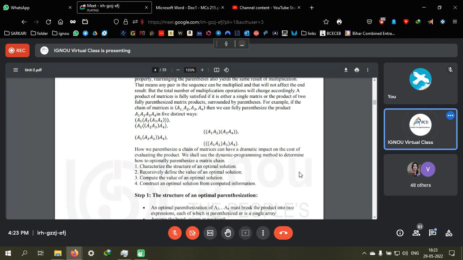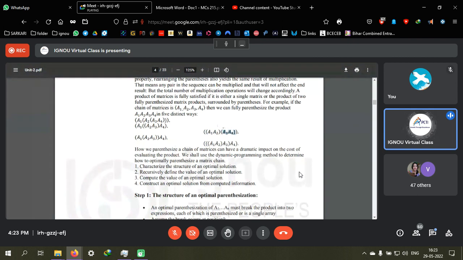This is a chain of matrices. So if I want to multiply these matrices, we have so many approaches. Firstly, I can multiply A3 and A4, then multiply the answer with A2. After that, I can multiply the answer with A1. The next approach is I can multiply A1 and A2, I can multiply A3 and A4, then multiply both.